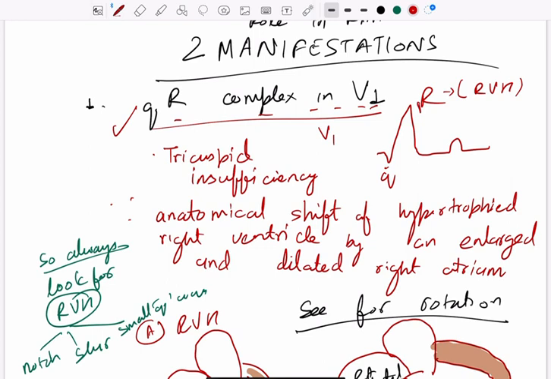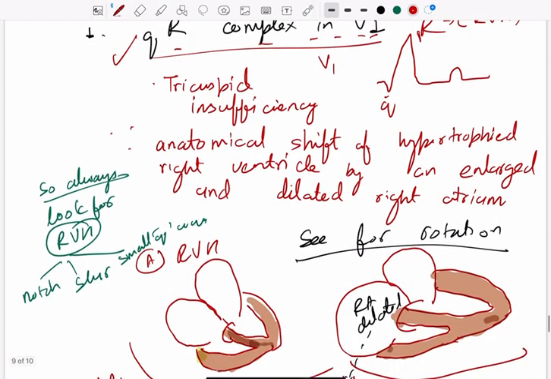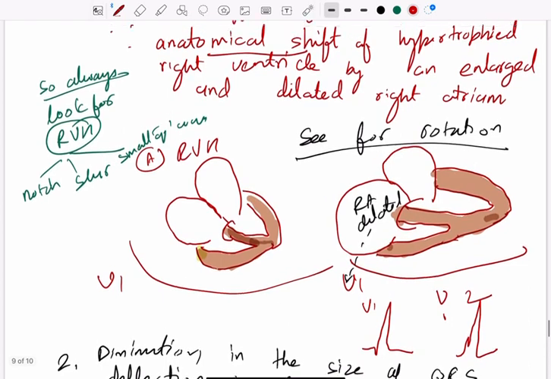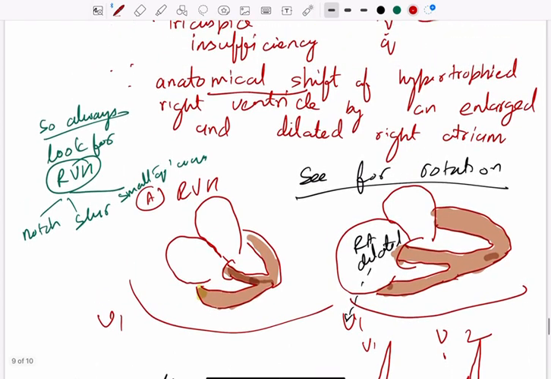Why is this happening? You have to understand that it is an anatomical shift. I have made a diagram. I am not good at drawing, but you can understand. Normally the right ventricular free wall is very thin. Here there is right ventricular hypertrophy, but the atria are not dilated.